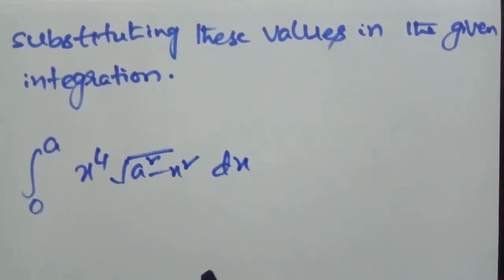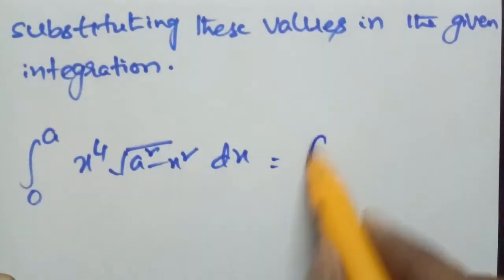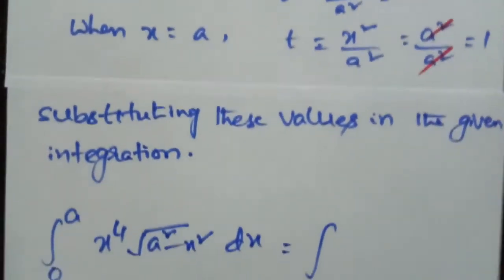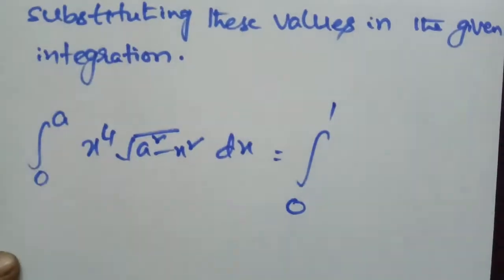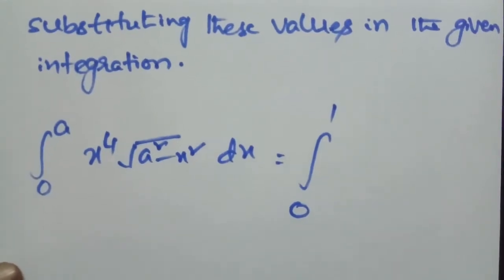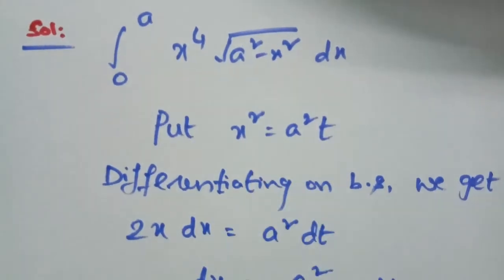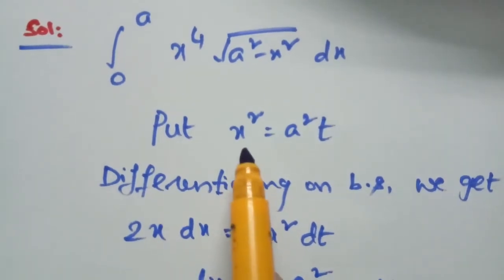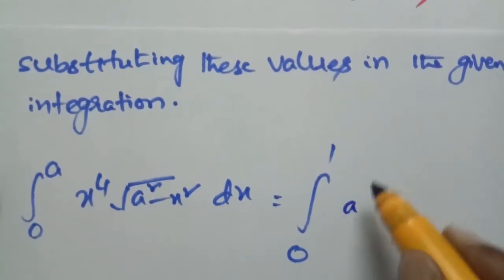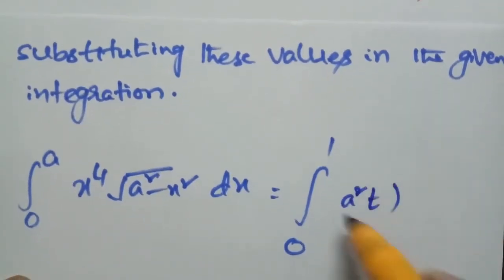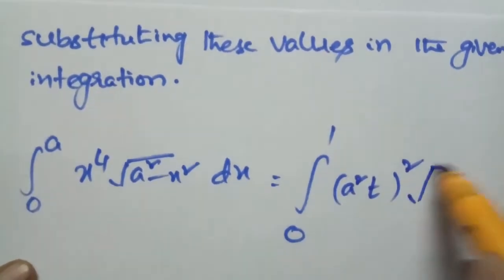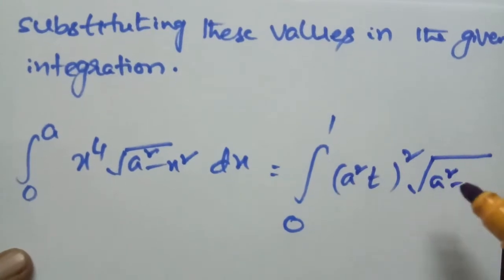Therefore, this can be written as integral, lower limit 0 becomes 0, a becomes 1, therefore 0 to 1, x to the power of 4. We assumed that x square is equal to a square t. So x to the power of 4 means x square whole square, that is a square t whole square, into square root of a square minus x square.